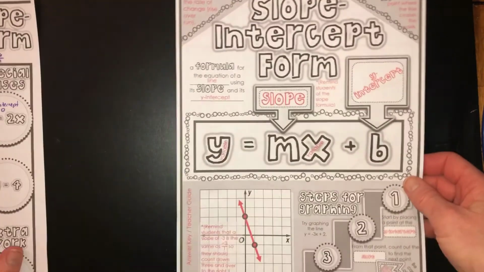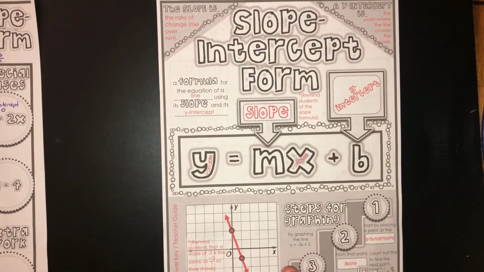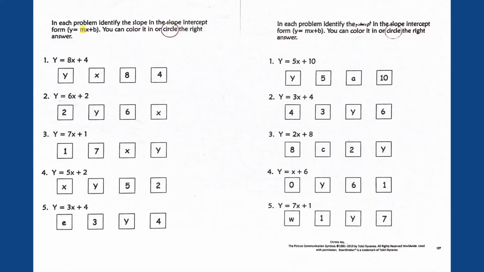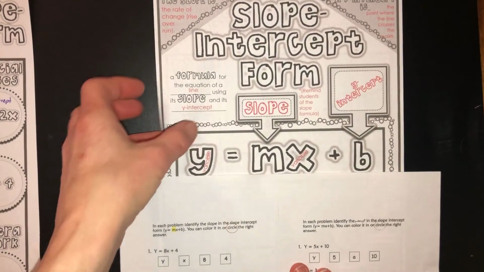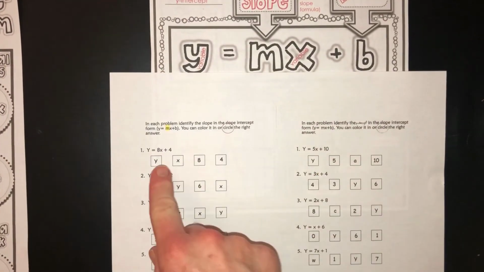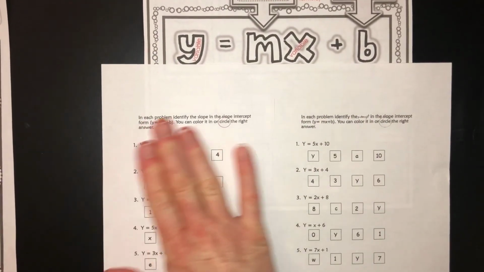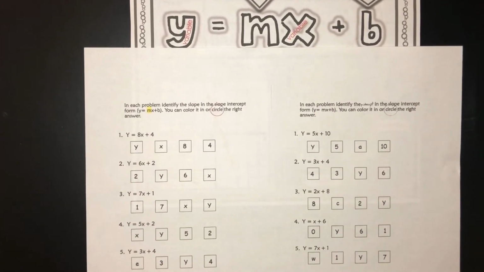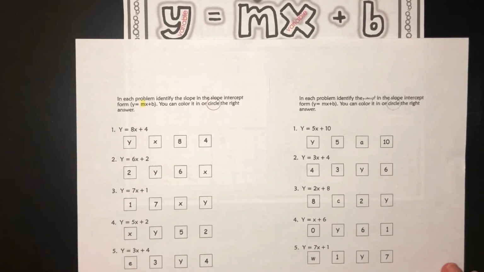The next thing that you're going to do is based on this. It is easier than the formulas that we did over here. You've done this before. Well, not this particular page, but one very similar to it. You are looking at these equations. All of them are already in slope-intercept form. You don't have to do any changing.